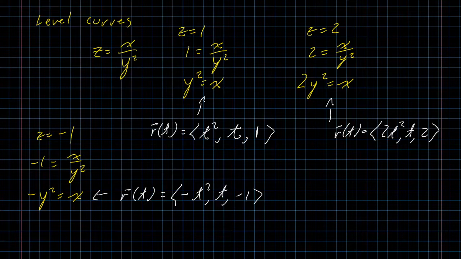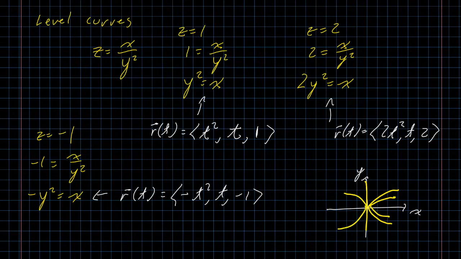Again, the advantage of looking at traces like this is that you can plot these by hand, and get some idea of the feel of what this thing is supposed to look like without having the 3D graph.